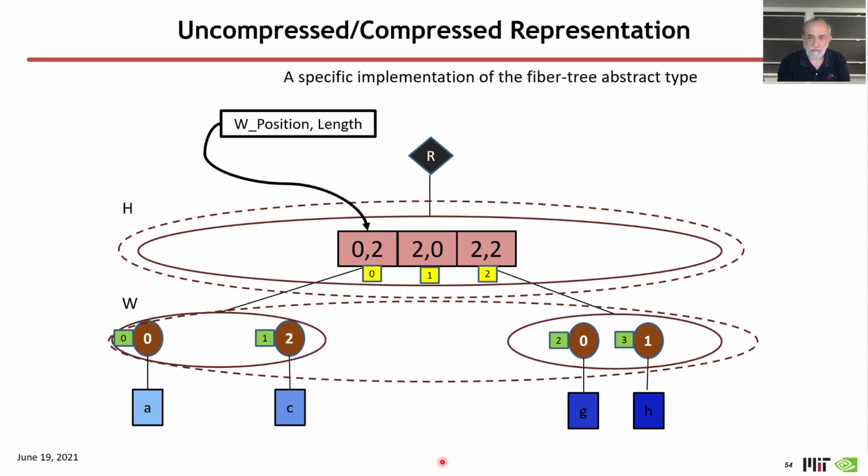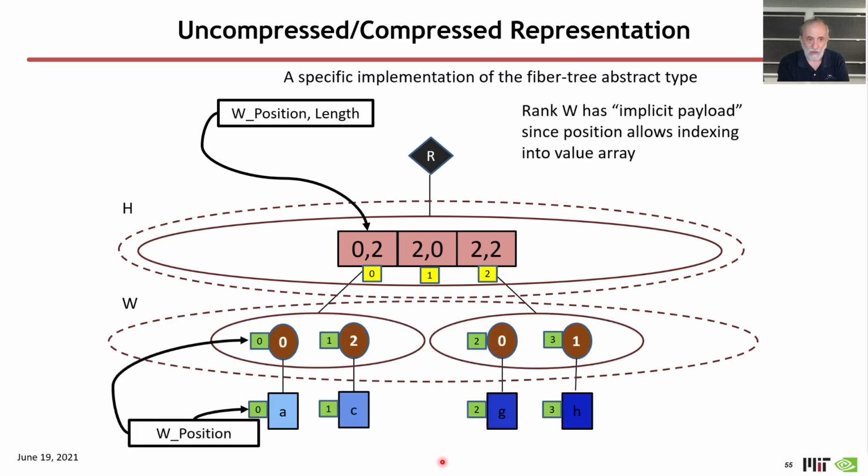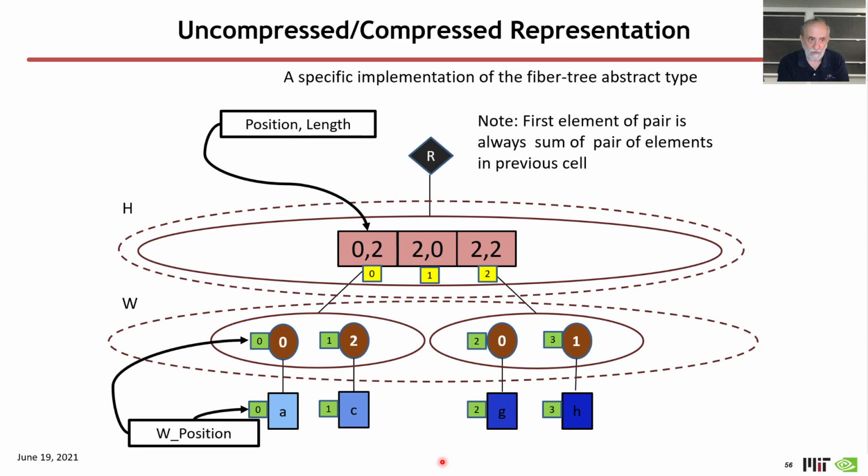Okay, I just squeezed together the values in the top rank to show that those positions are all contiguous. And now I'm going to squeeze together the values in the next rank. As I said, I'm going to use a compressed representation.